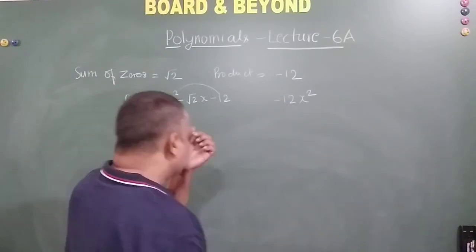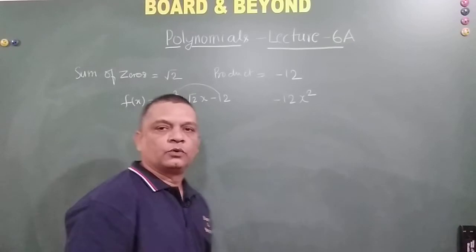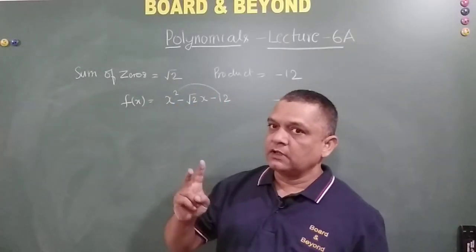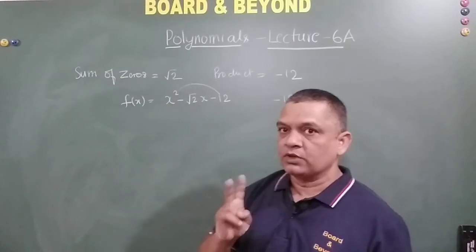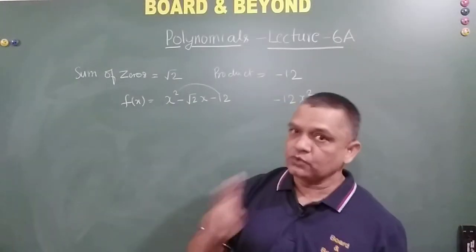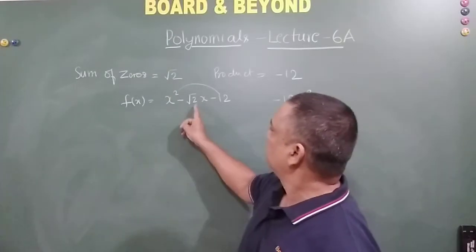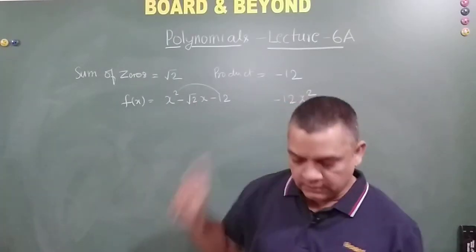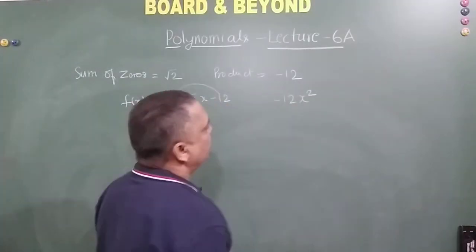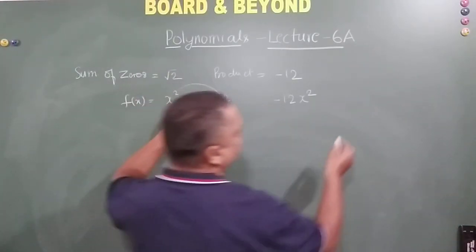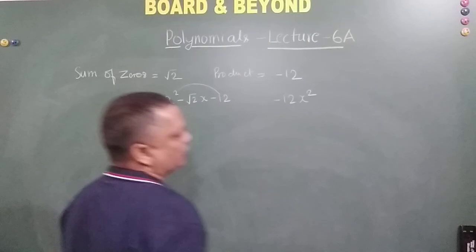No problem. Now how can we do it? This is for sure that when we break it into two terms, both the terms have to have root 2 in them. Then only this is possible. Correct? So now let's do a simple factorization. 3 into 4, 3 into 4 is not possible.